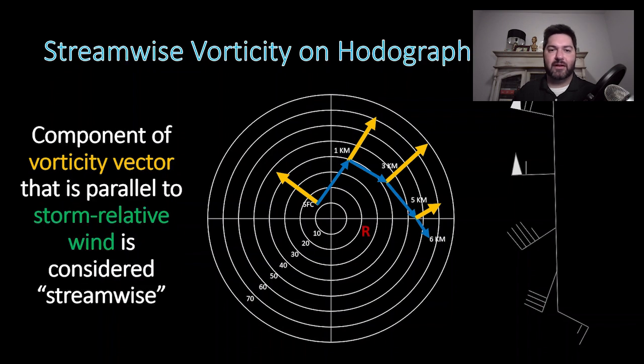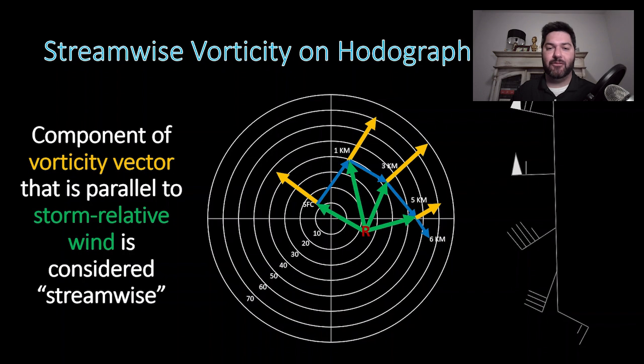Now, let's say you have all of those vorticity vectors. The component of the vorticity vector that is parallel to the storm relative wind is considered streamwise. That's a mouthful, but basically, let's plot the storm relative wind.